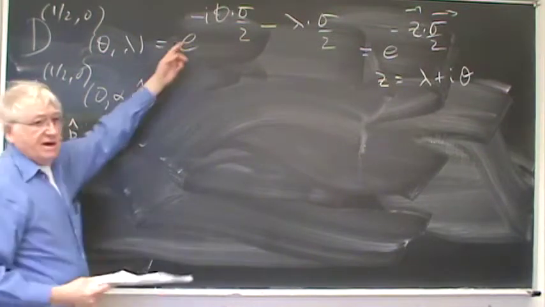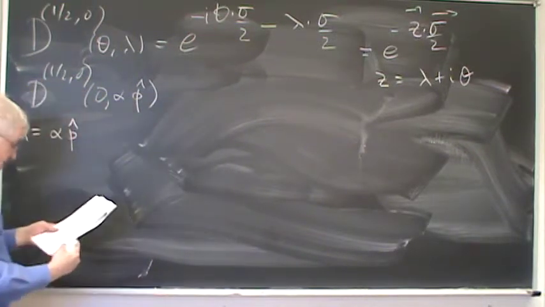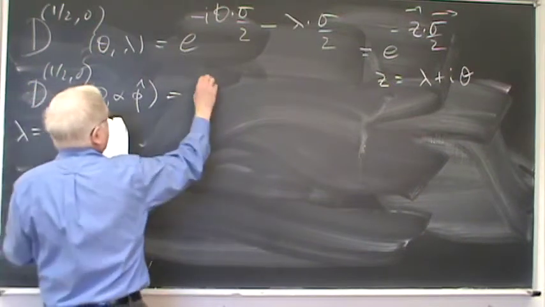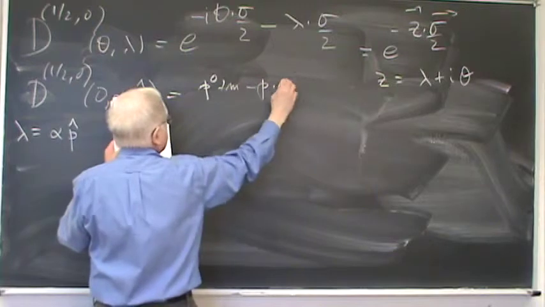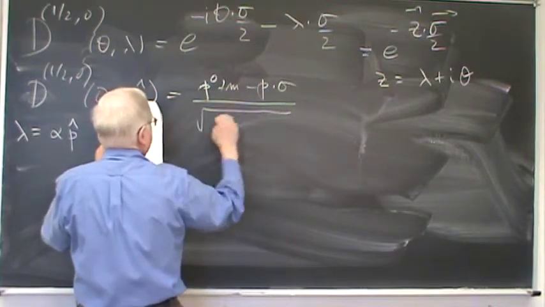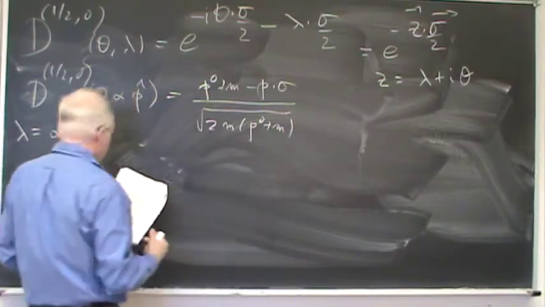So we're setting theta equal to 0, lambda equal to alpha p hat. And this thing is p0 plus m minus p dot sigma over the square root of 2m times p0 plus m.